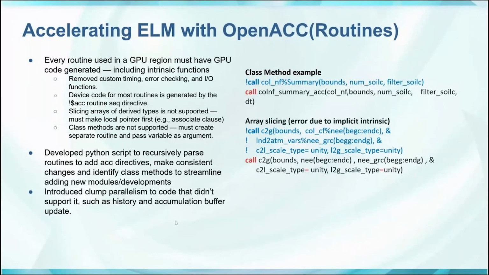So I'm not going to go into all the details there, but basically passing slices of derived types arrays are not supported, so we use associate variables. And that's a common thing already in the ELM code and just needs to be enforced at places where it wasn't before.